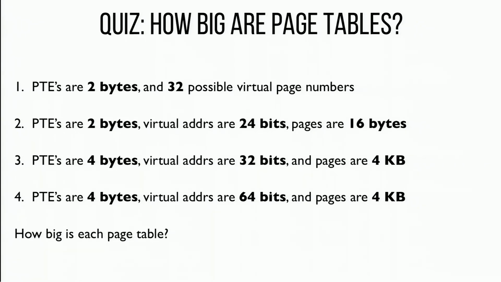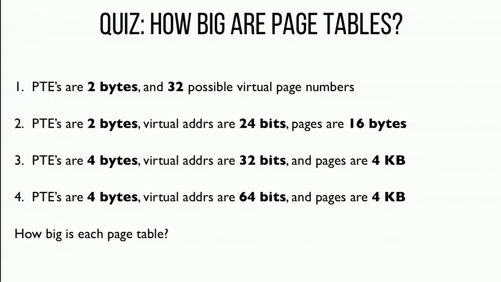Page table entry size is 2 bytes. If our virtual address is 24 bits, this whole thing is 24, and pages are 16 bytes, sorry, how many bits are being used in our offset? 4.